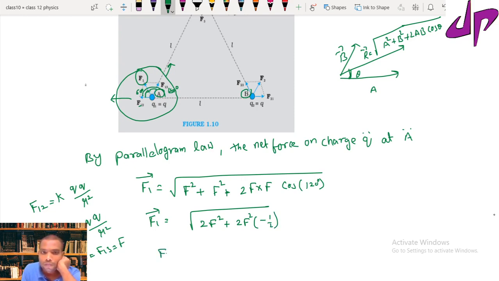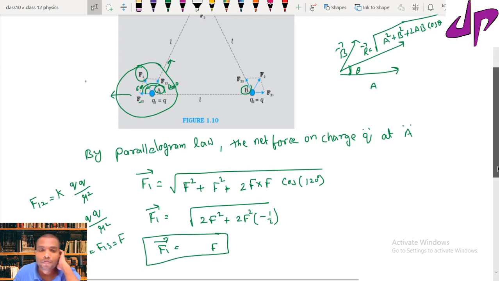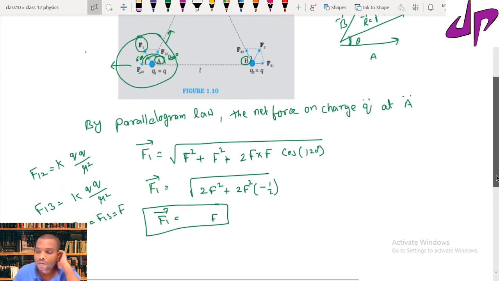Now F1 bar equals F. So that is the resultant force at charge q.